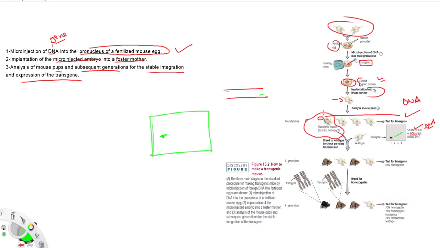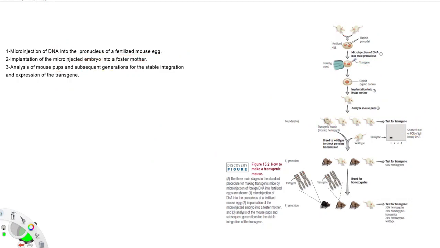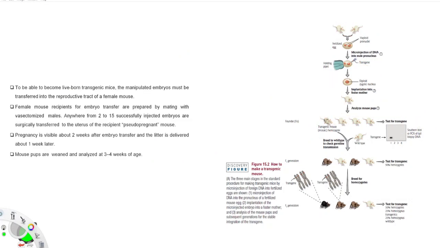And once you have that in this mosaic hemizygote mouse, the next step is now analyzing for the stable integration. So in other words, I have the DNA present, but is this integration stable? Something that is stable means that it will always be present and it won't be moved.